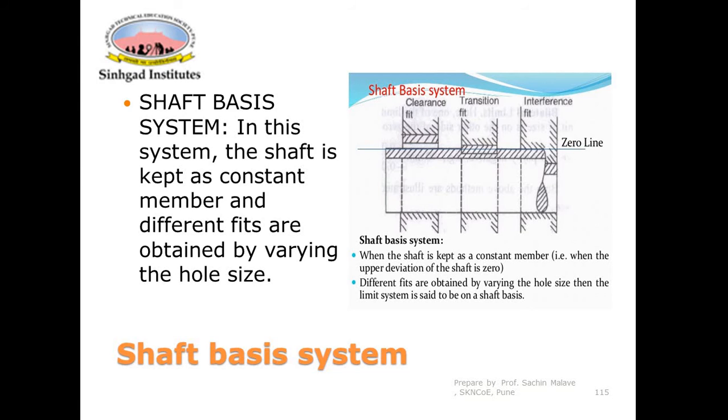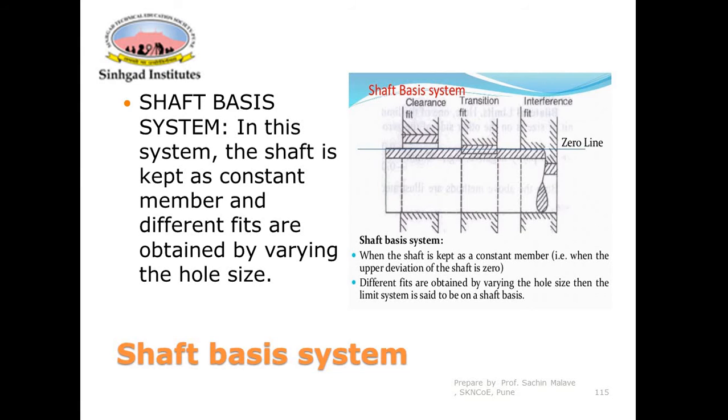And these three, 1 2 3, denote the various types of the fits corresponding to the size of the hole. So in case of the shaft based system, in order to obtain the different fits, the size of the shaft is kept constant and the sizes of the hole are varied.